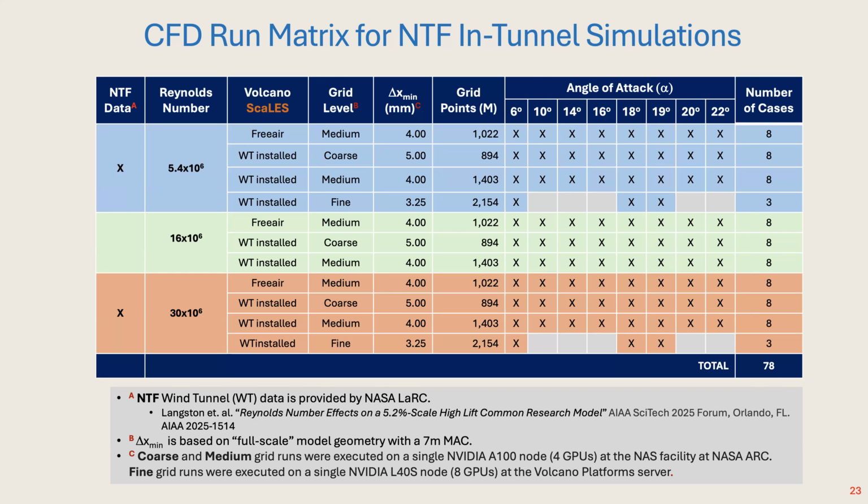And as I said, the mesh is provided by NASA Langley, and those coarse and medium runs were executed on a single NVIDIA A100 node. That's a NAS machine, NASA Advanced Supercomputing, with 4 GPUs each. So we were able to span all those runs simultaneously using one node instead of asking for more nodes and waiting in the queue.